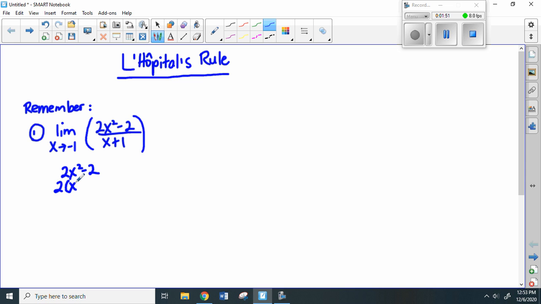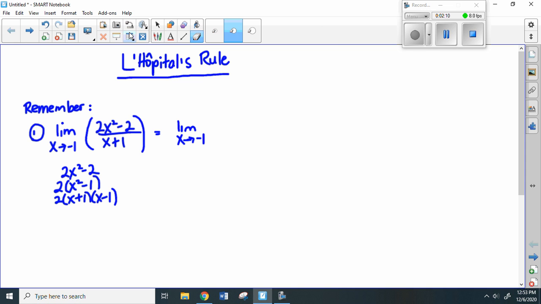I can take out a 2, and then I have a difference of squares. So I know I'm going to be able to cross out an x plus 1. Then I'll be able to take the limit of what's left, which, if I cross out an x plus 1, is just 2 times x minus 1. I won't even have a bottom anymore.